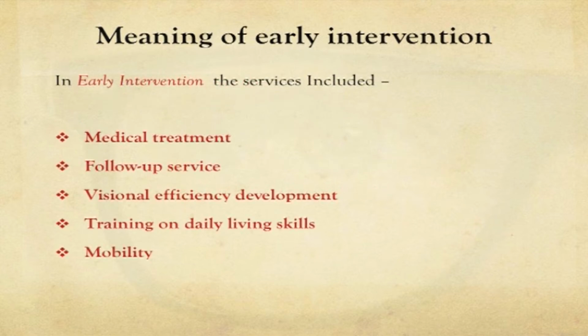Services include medical treatment, follow-up service, visual efficiency development, training on daily living skills and mobility. The hope is that these services provided early will address any delays in development so that the child will not need services later on. At age 3, if a child still needs help, he or she might be referred to the special education program.